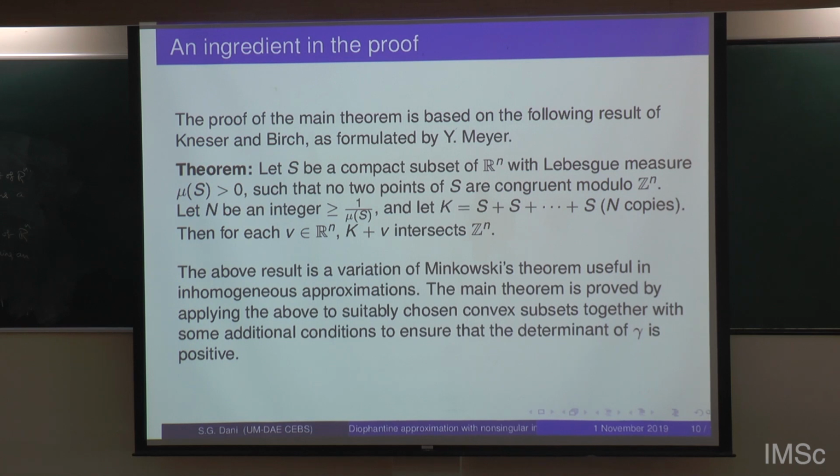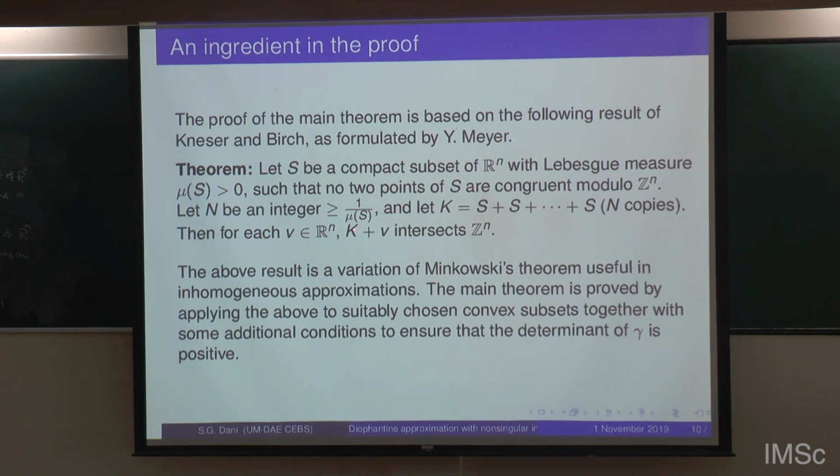Because no two points are congruent modulo the integers, it's a simple exercise to see that the measure has to be less than 1 for a compact subset. Now I take an integer N bigger than or equal to 1 over the measure of S. So this is an integer bigger than or equal to 2.